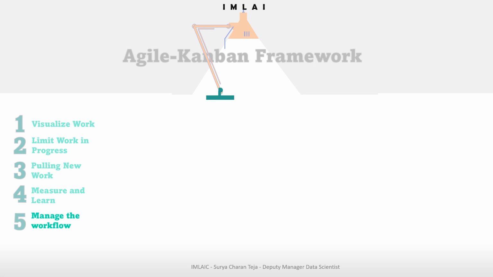Then we have manage the workflow. In this methodology, the Kanban board is used to manage the total workflow. As the whole team is involved in the analysis of tasks, it improves the flow of work and the tasks will complete before the scheduled time. So it provides the actual status of the application. Then the sixth principle is process improvement.